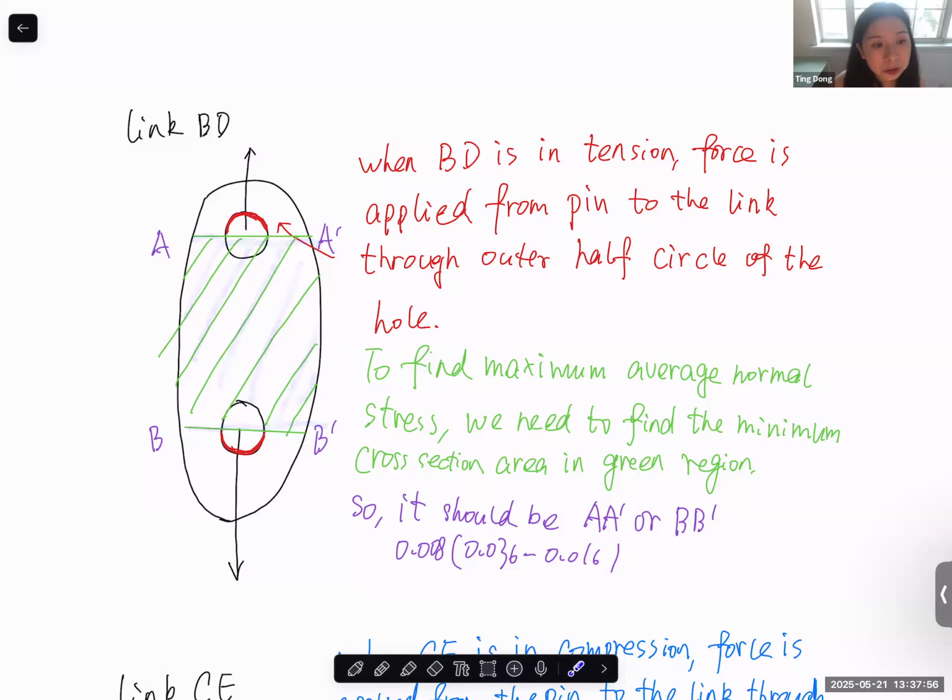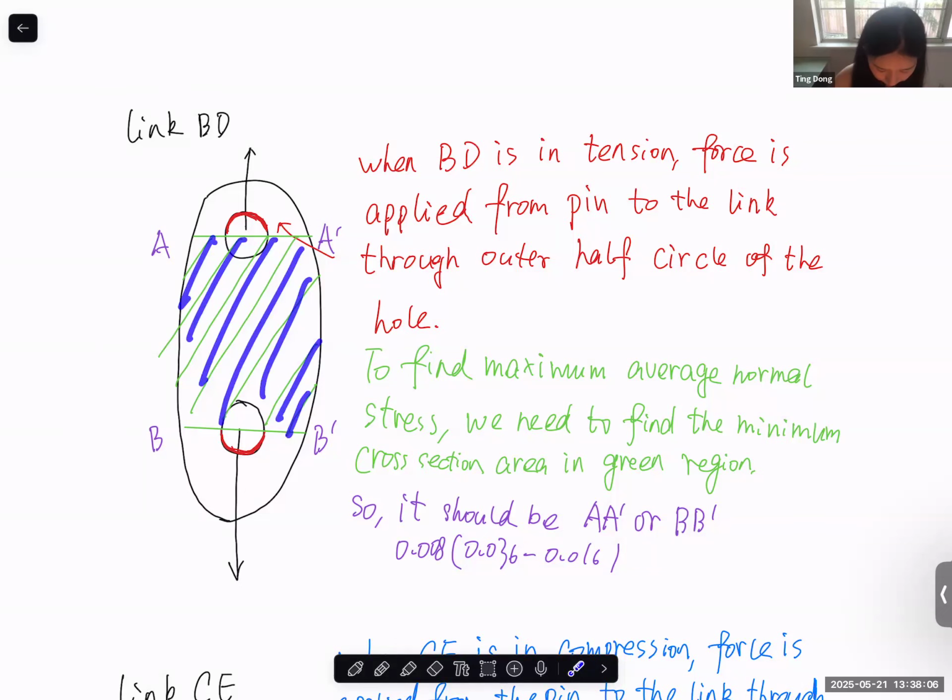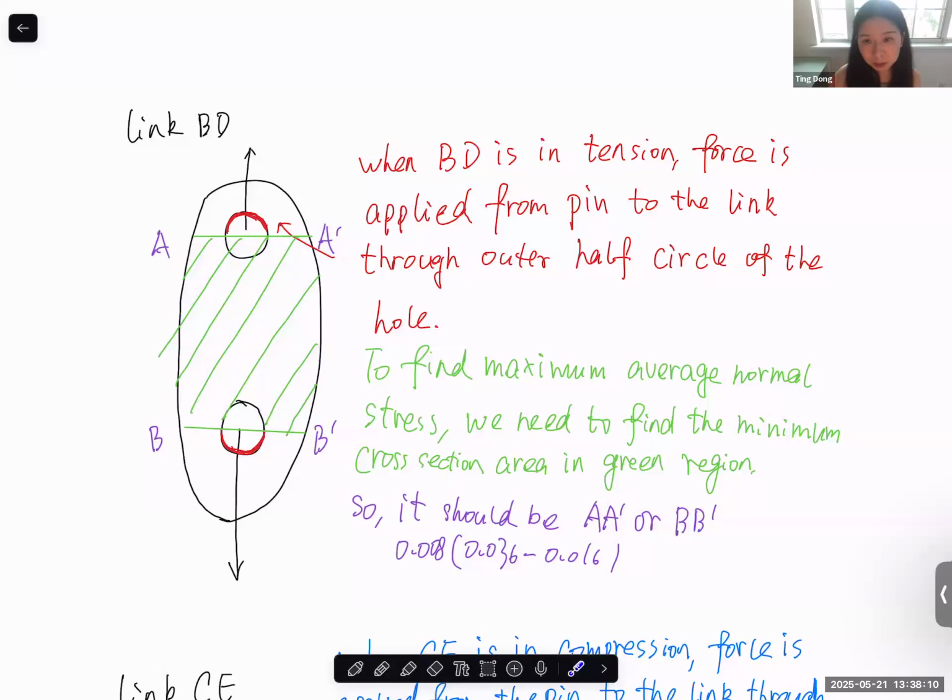The maximum stress equals force over area, and if the force is constant in this whole section, we just need to find the minimum area. Where is the minimum area? It's not here. It's the area minus this empty part of the plate. Make sense or not?